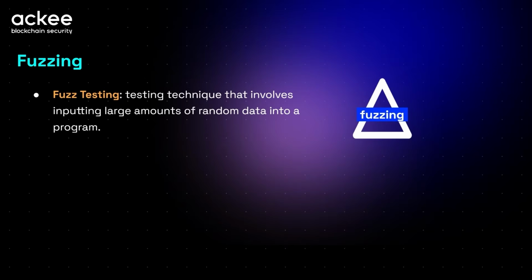In this slide, I would like to just briefly touch on what fuzzing is. So for those who are watching this lesson but did not watch the previous ones, fuzzing is a testing technique that involves inputting a large amount of random data into the program. Random data in this case means valid, invalid, or even unexpected data.